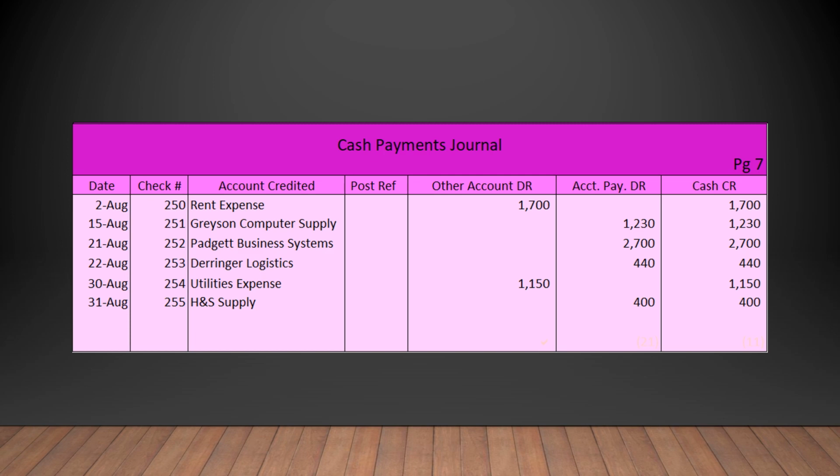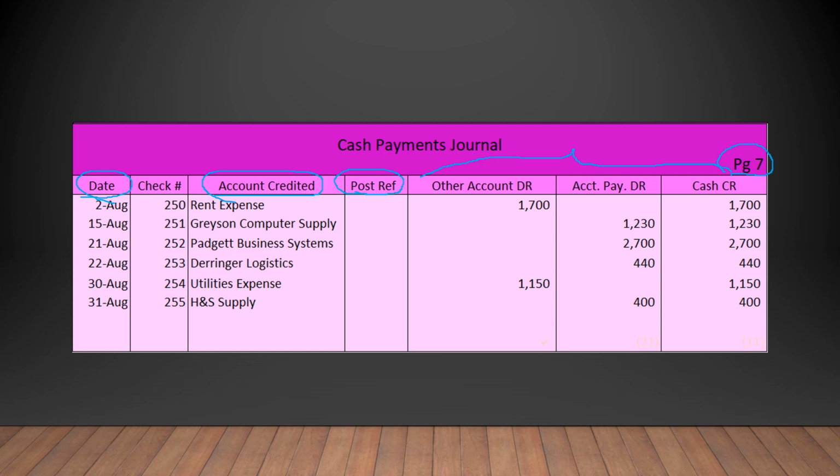The Cash Payment Journal format you see here is nearly identical to that of the Purchases Journal we just observed. We have our page number in our top right corner. Within the body of the journal, we have columns for each transaction's date, the account being credited, a posting reference column for our check marks, and where the amounts are to be debited and credited.